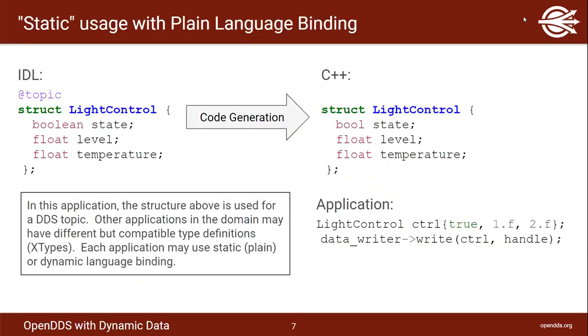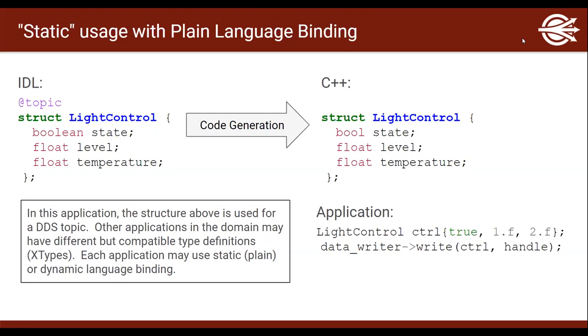So this gives you an example of how this works with the plain language binding. On the left, where it says IDL, we have a struct that's annotated with a topic, meaning it's a topic type. And this has three members: a state, a level, and a temperature. So imagine this is like a light control that you can turn on or off.